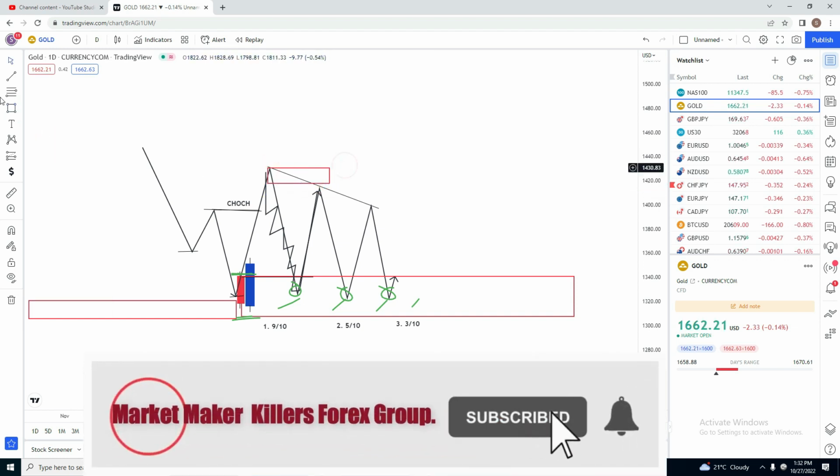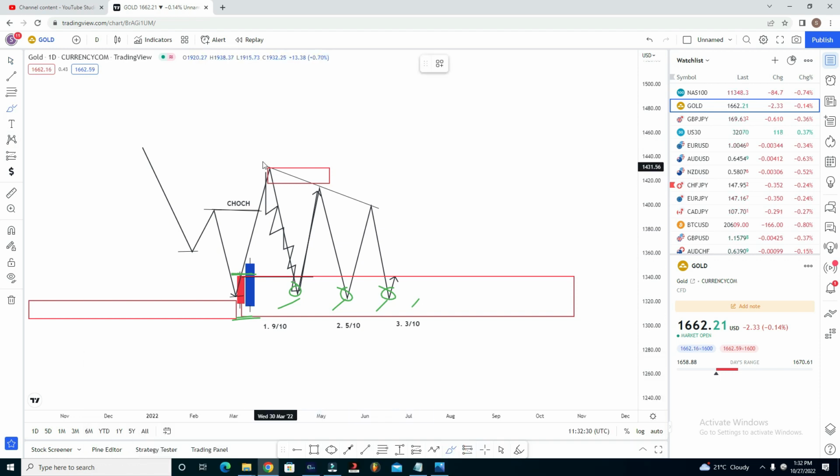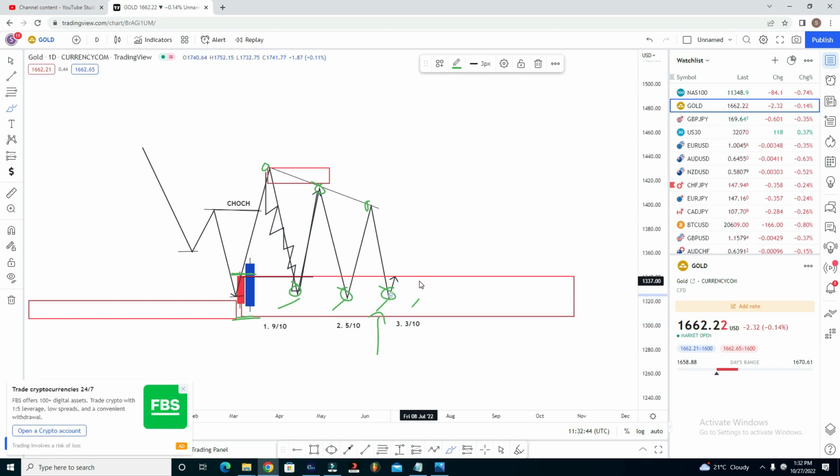Price is shifting the market structure now. This can be an indication that trading this order block is now much riskier. Those are things that you should know and you should add to your trading plan.